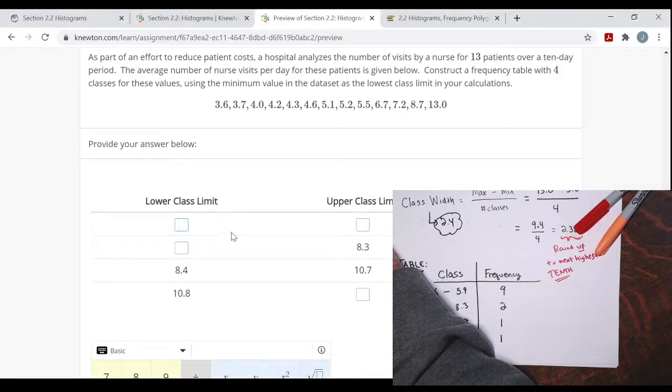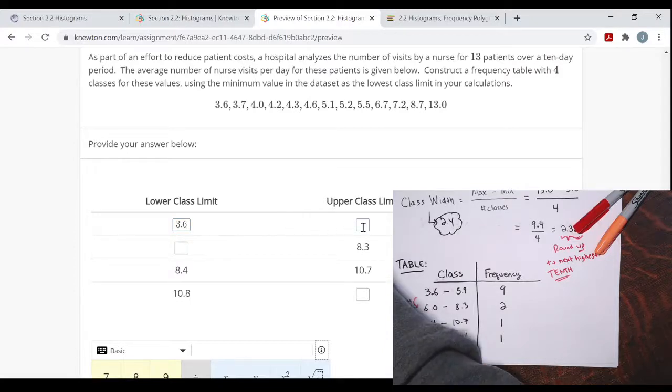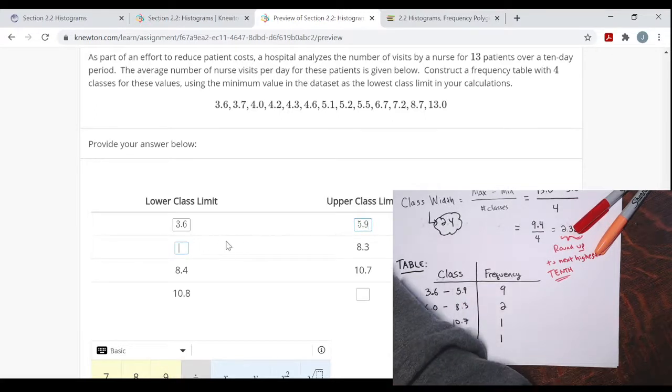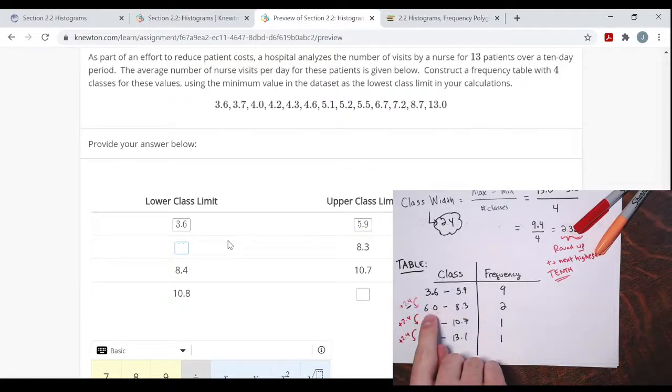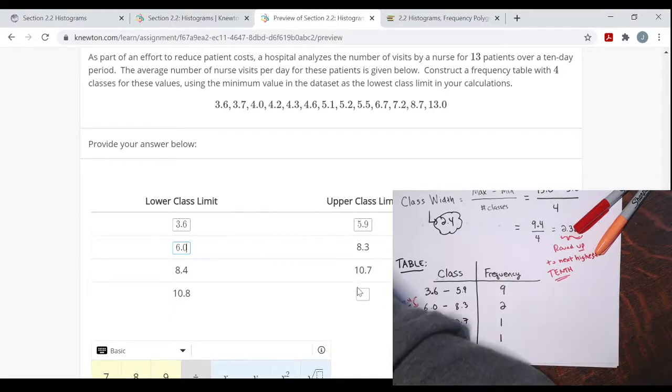Lower class limit, we saw the first one was 3.6. First upper class limit, 5.9. The next lower class limit, 6.0. Then you see 8.3 there, it's already there. Then 8.4 to 10.7 is already there. Then 10.8 to 13.1.